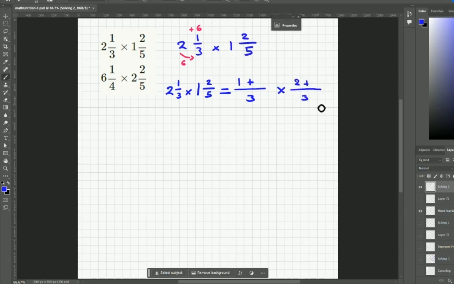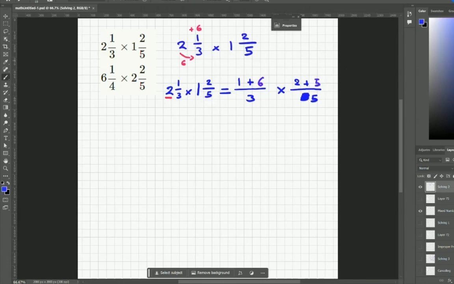And the number we're going to add there, sorry, not 3, 5. This is a 5. The number we're going to add is the whole number converted into a fraction. So we do 2 times 3, which is 6, so we add 6 to this. And for this one, we do 1 times 5, which is just 5.